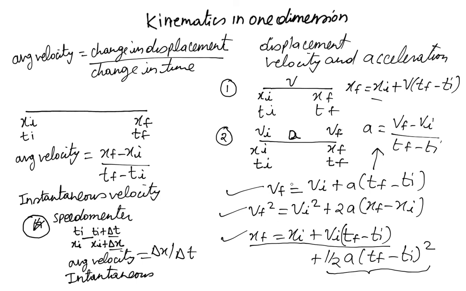So these are the three basic equations which are going to be important in kinematics, and all they are doing is relating different variables: the initial and final position, the initial and final time, the initial and final velocity, and the acceleration. These three relate all of them. In the next lecture we'll take some examples on how to use these equations. Alright, bye bye.